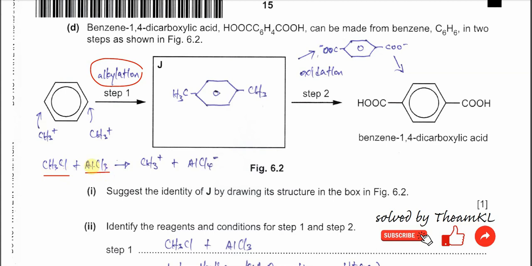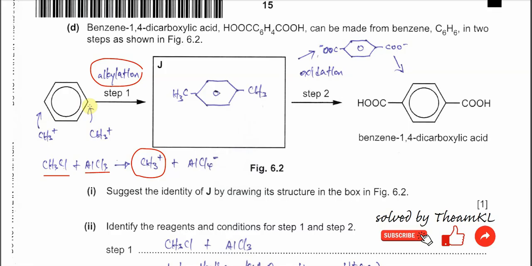The catalyst will take the chloride from this haloalkane, and eventually it will form this carbocation. The catalyst now forms AlCl4 negative. The carbocation produced will attack the benzene ring, let's say in the 1,4 position.